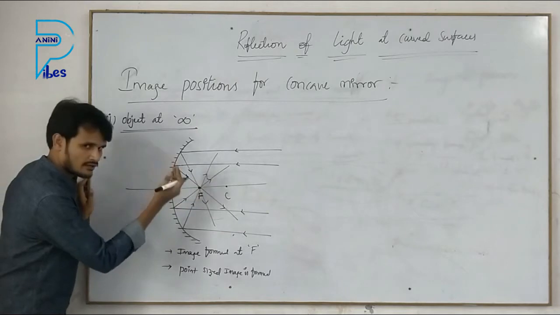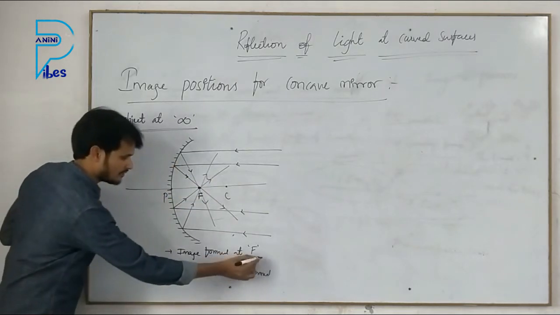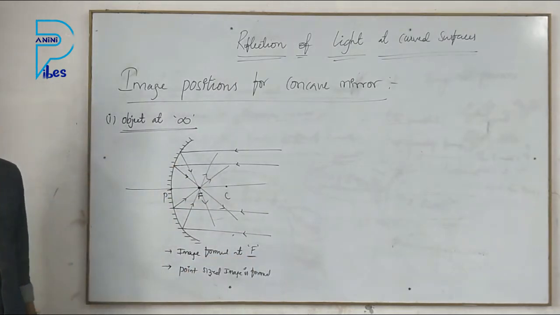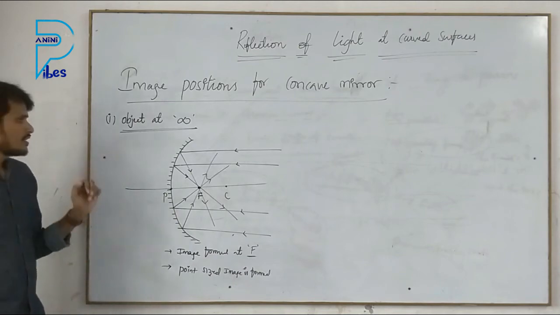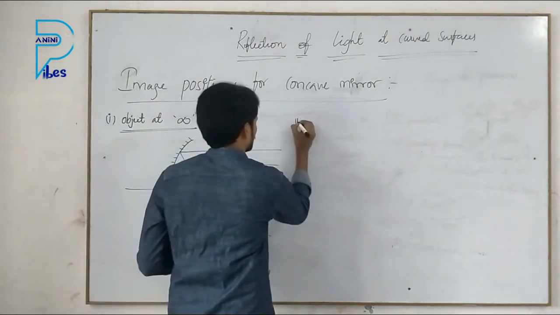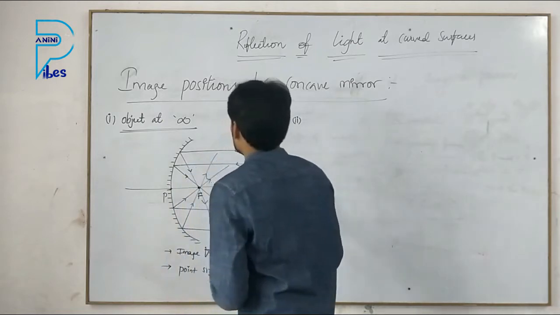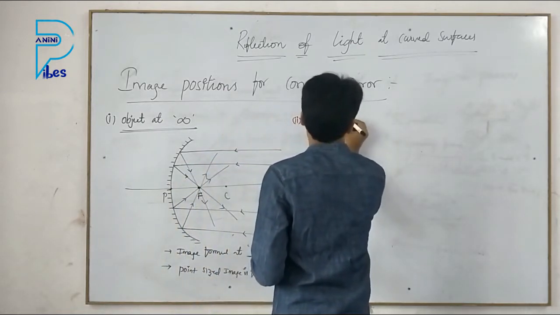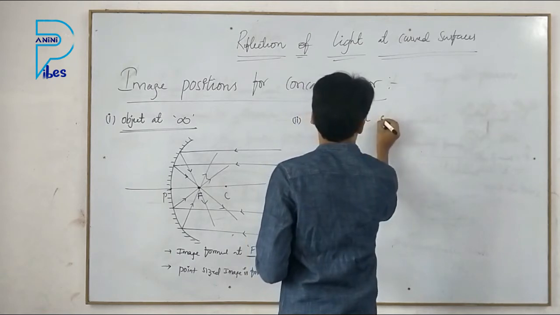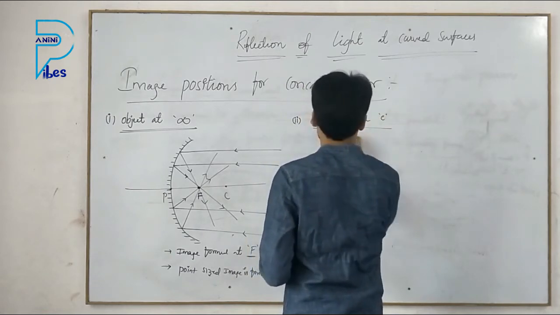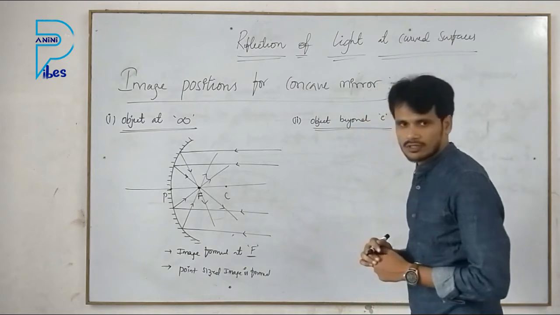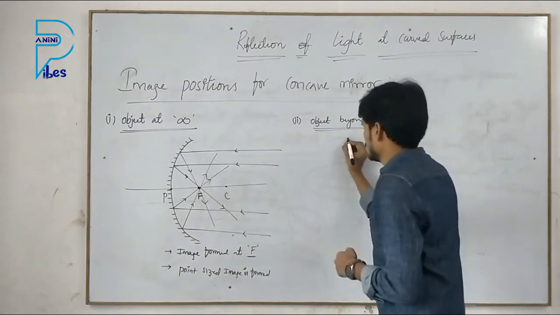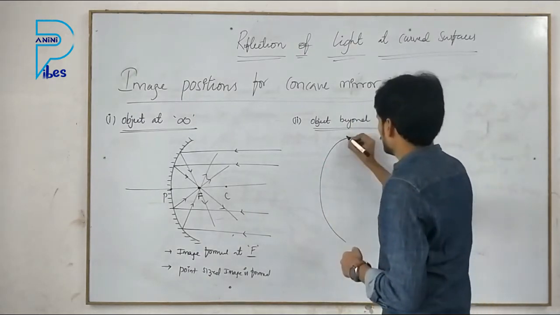So the image is formed at F, a point-size image. And the second position is object beyond C. Let's draw one more diagram for a concave mirror.